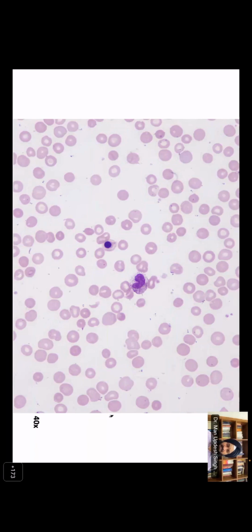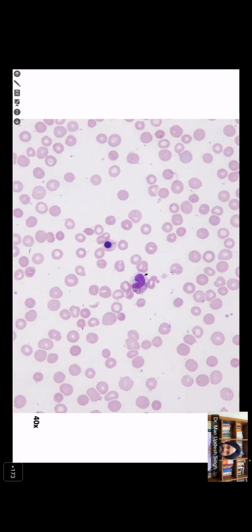There is a size variation. There are normocytes, some microcytes, maybe some macrocytes also. So I'll put it as mild anisocytosis. Poikilocytosis is minimal probably. There's an occasional fragmented RBC seen, or maybe an artifact. Poikilocytes are minimal. So I'll put it as a mild anisocytosis with presence of circulating NRBC.